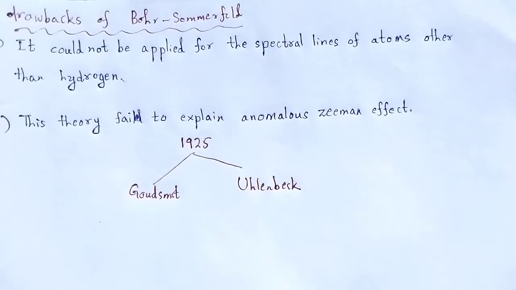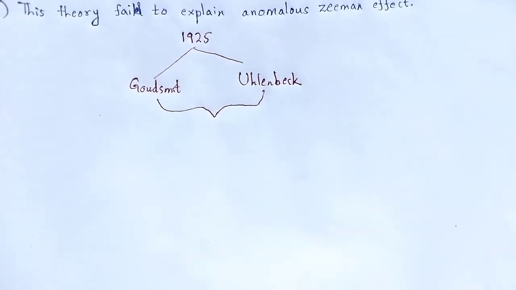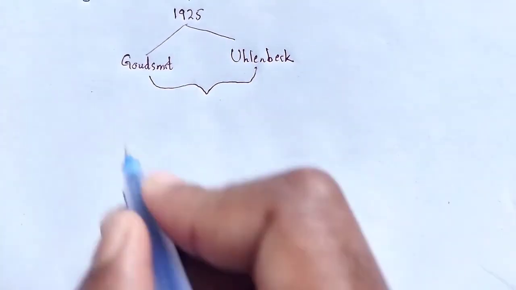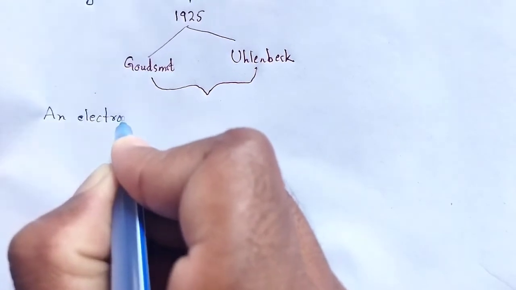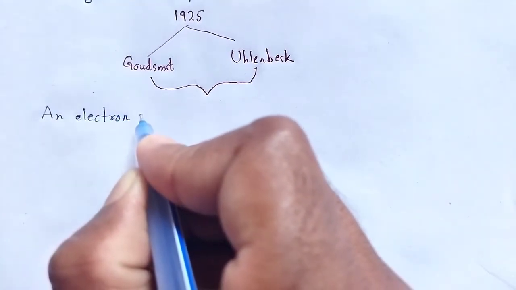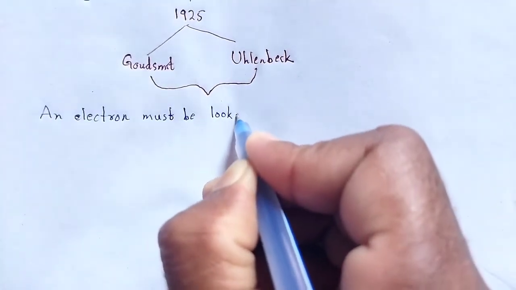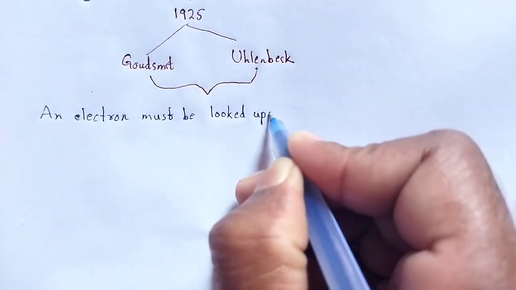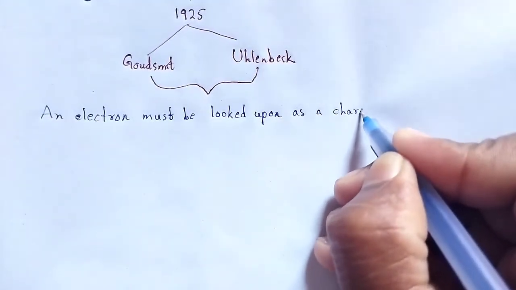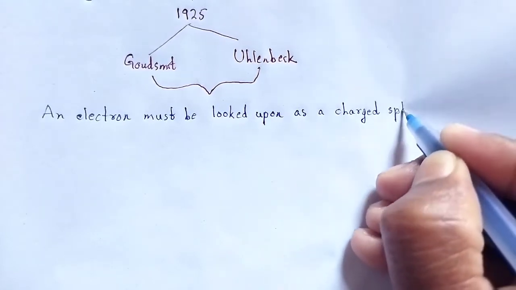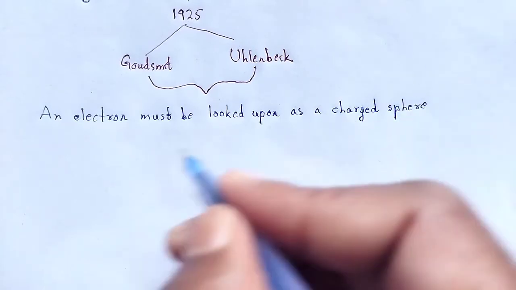According to them, an electron must be looked upon as a charged sphere spinning about its own axis.